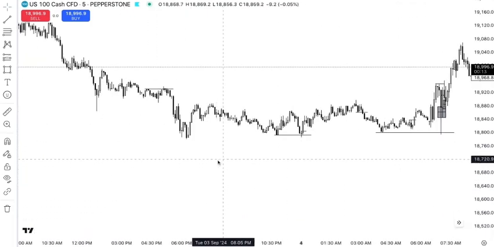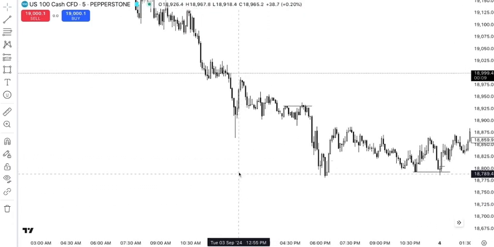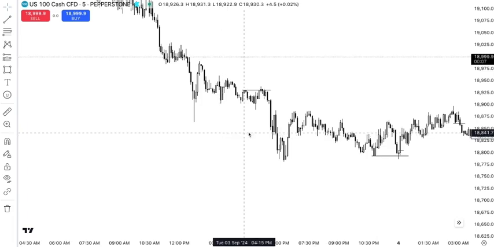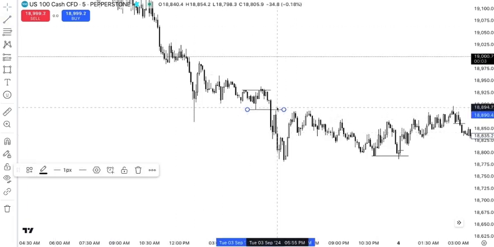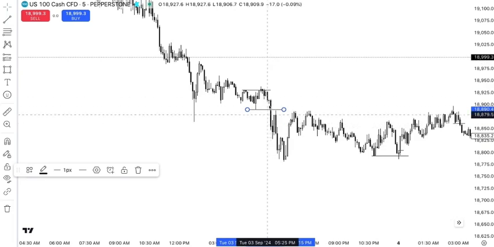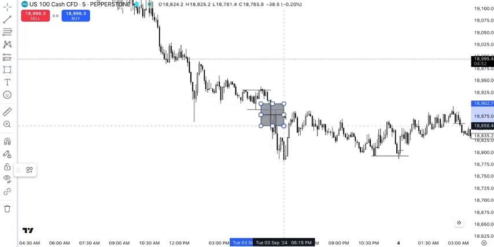Let's see. So as soon as it does break structure, it looks for the next low. So say right here we have this break of structure. As you can see, it displaces down all the way. We have this candle close completely past it. So we have a third confluence right here.